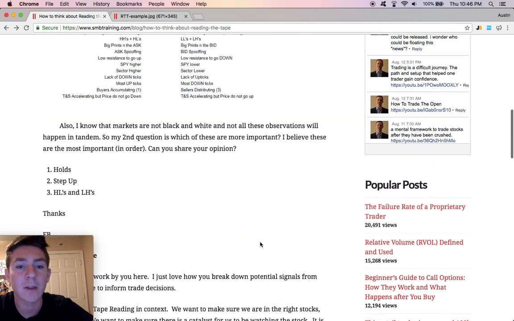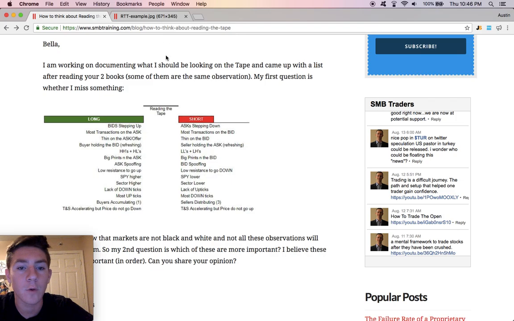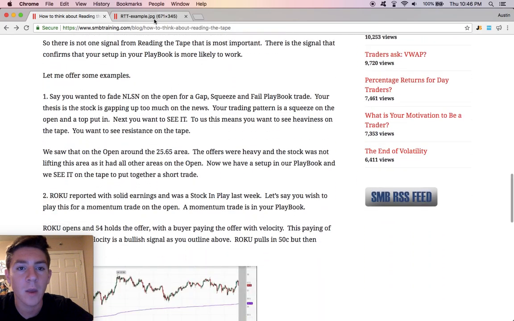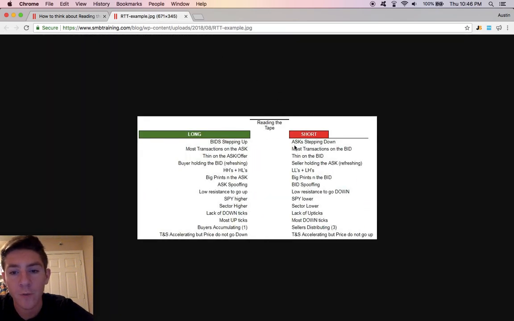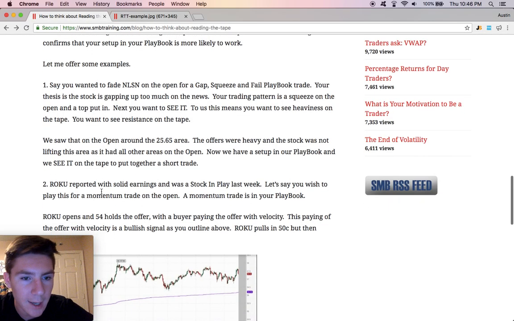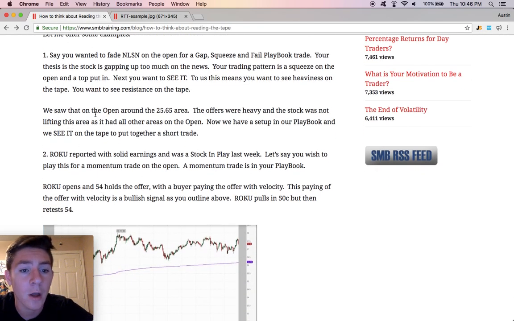When you're looking for resistance on the tape, actually I should just flip back to this. You're looking for ask stepping down, you're looking for most transactions happening on the bid, and so on. Okay, so this is what they saw. On the open around the 25.65 area, the offers were heavy and the stock was not lifting this area as it had all the areas at the open.